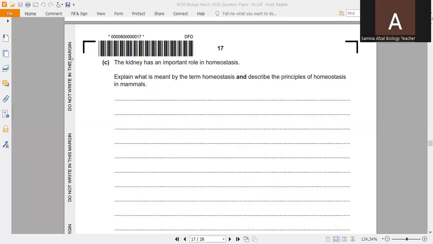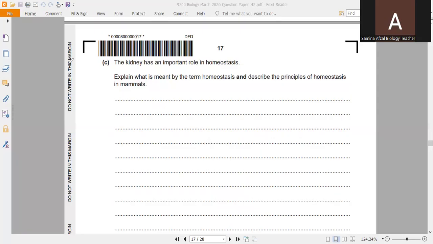The principle of homeostasis is actually the negative feedback mechanism by which homeostasis is kept inside the body. There are receptor cells which detect any change or deviation of a physiological parameter from a set point, and then the control center, and then effectors, and then dynamic equilibrium is kept.